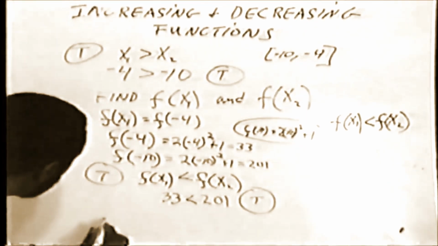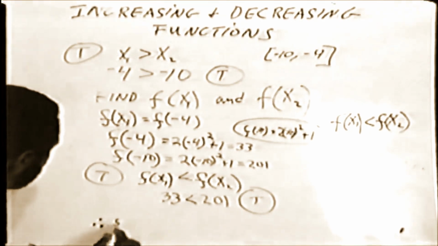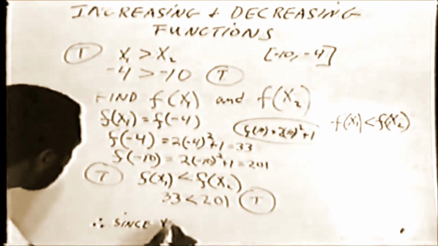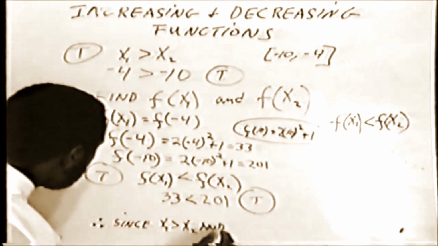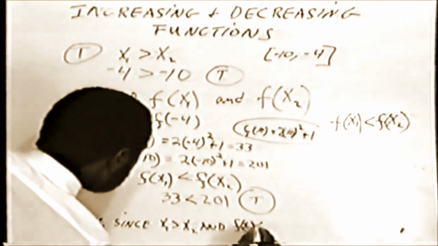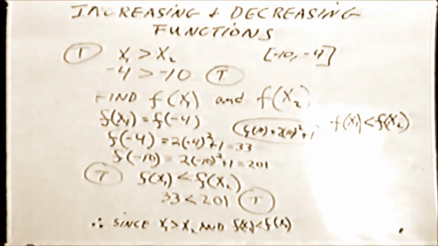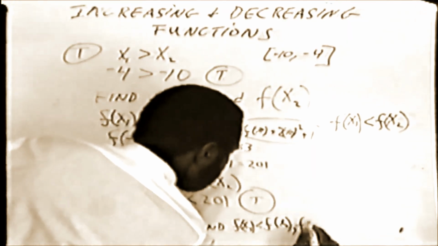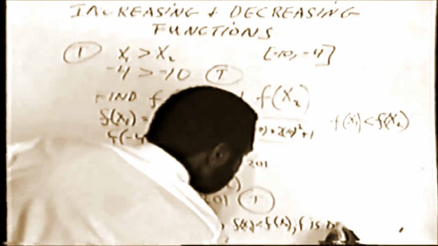So we say that, therefore, since x of 1 is greater than x of 2 and f of x of 1 is less than f of x of 2, our function is decreasing. F, the function, that's the name of the function, is a decreasing function.